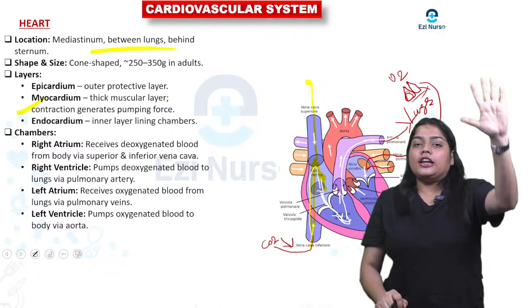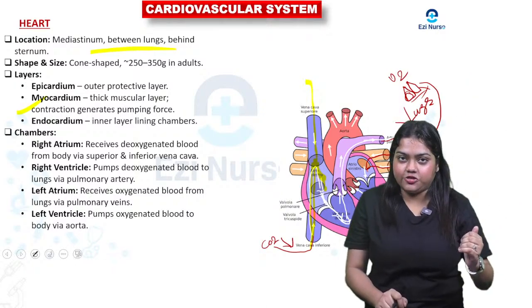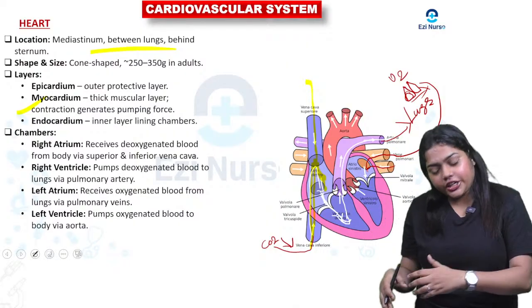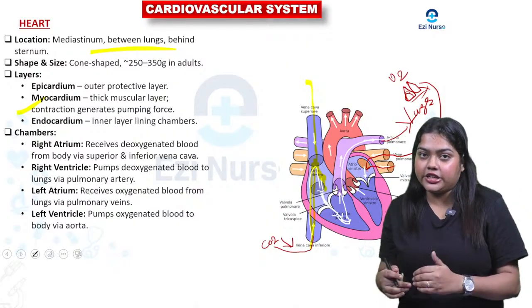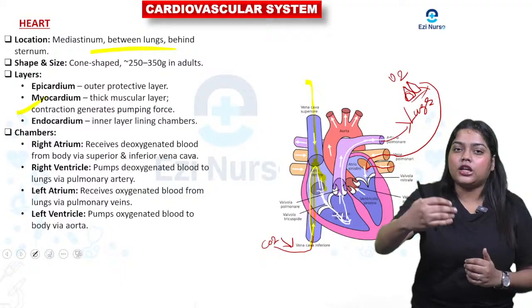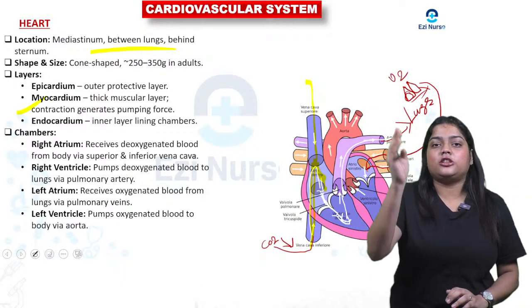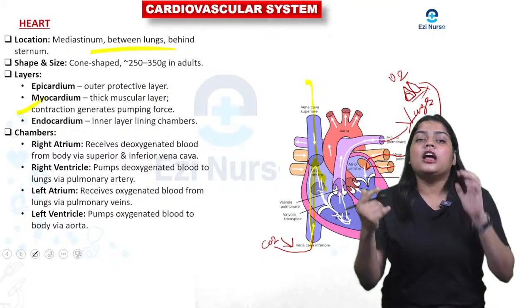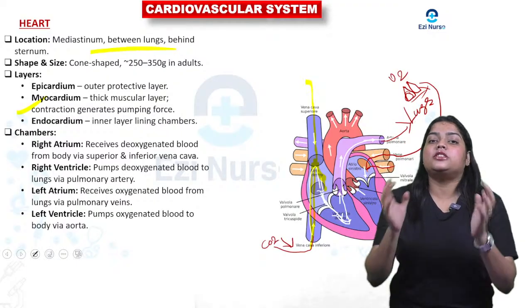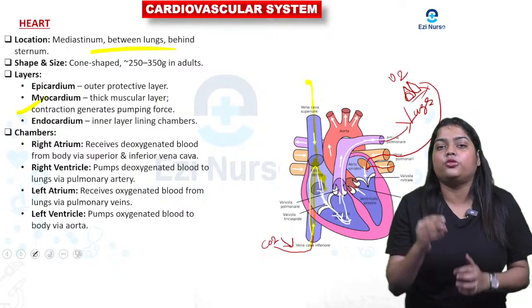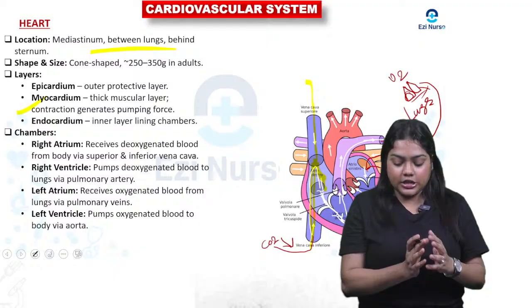So it comes into the right atrium, then it pushes it to the right ventricle. The right ventricle pushes the deoxygenated blood through the pulmonary artery to the lungs. The lungs exchange the gas and send the oxygenated blood to the left atrium. The left atrium is the first to receive the oxygenated blood.